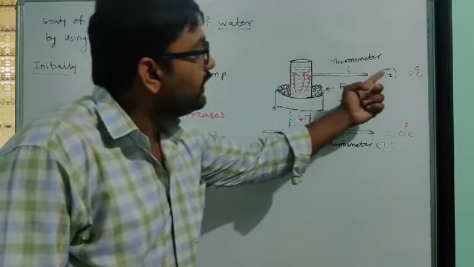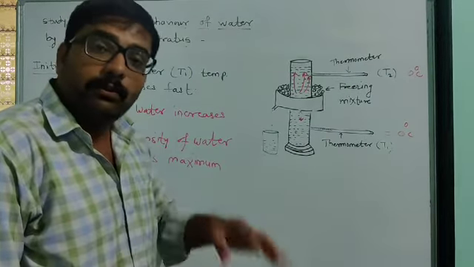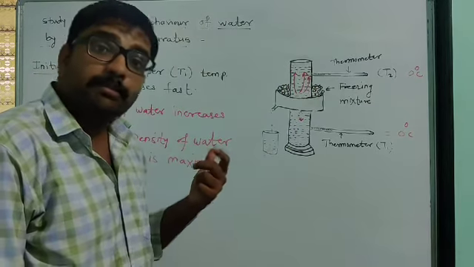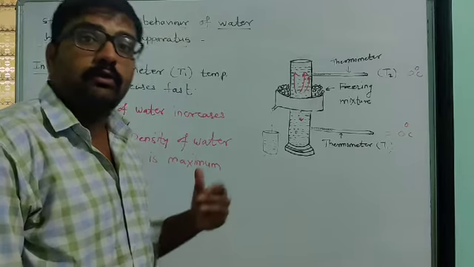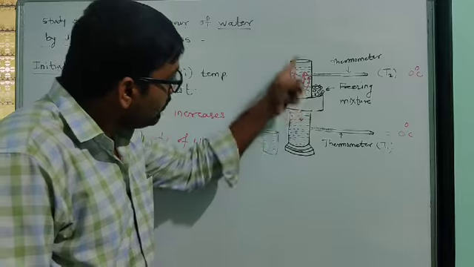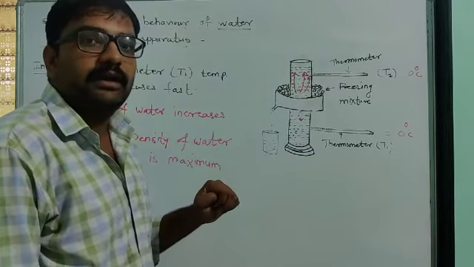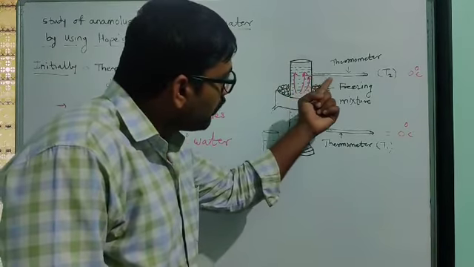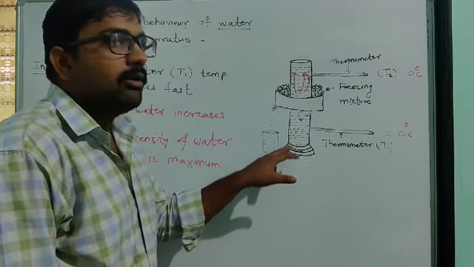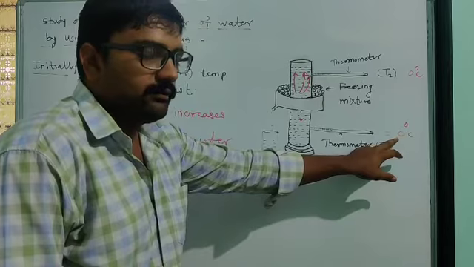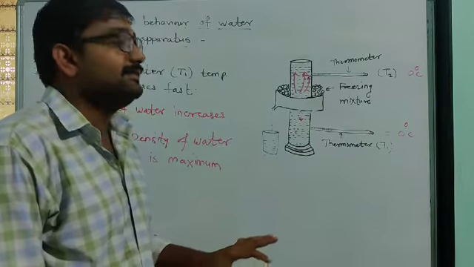Once both thermometers reach 4 degrees Celsius, below 4 degrees Celsius the density of water decreases, so this water moves upward. Then the temperature T2 initially falls up to 0 degrees, and finally the downward water falls up to 0 degrees Celsius.